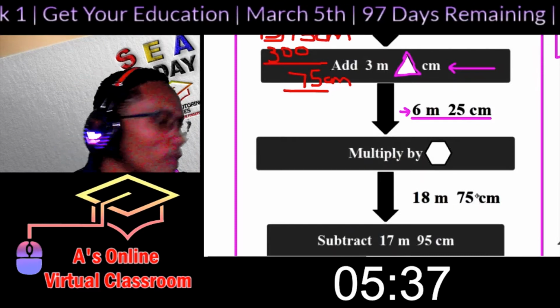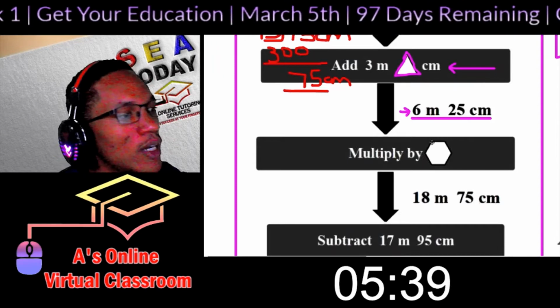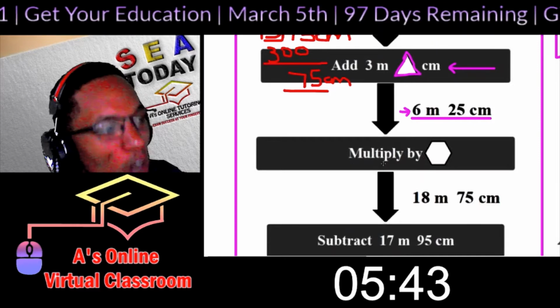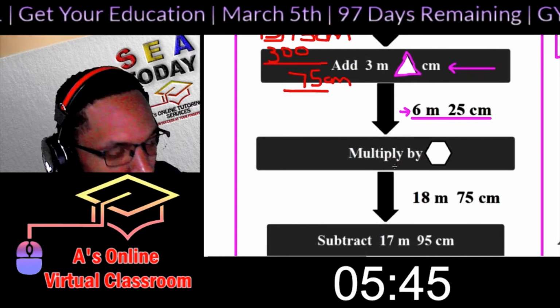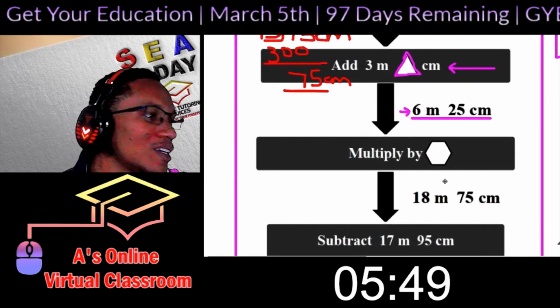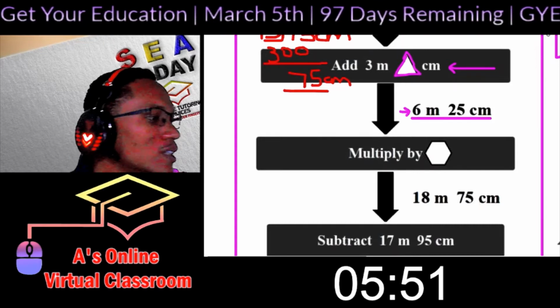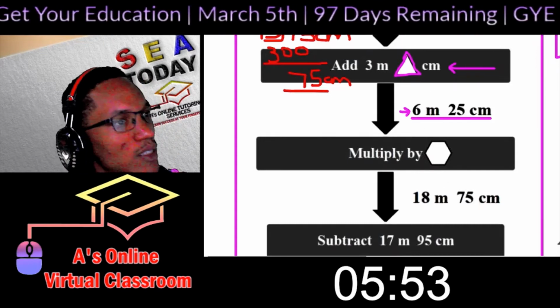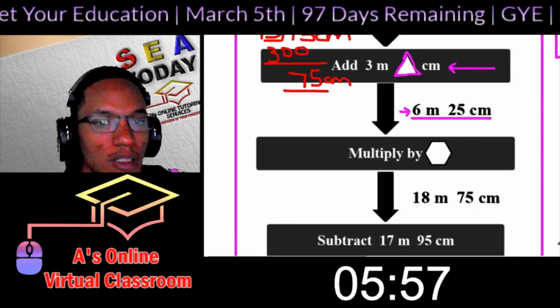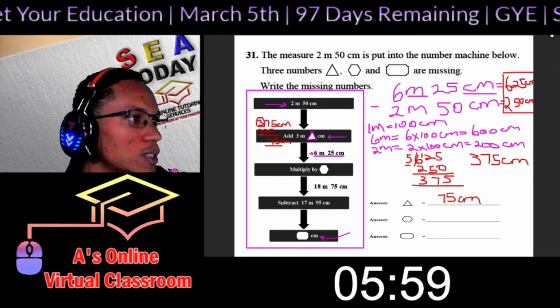So if we want to find out what the hexagon is, we have to do the opposite of multiply, which is divide. So we're going to take 18 meters 75 centimeters and divide it by 6 meters 25 centimeters.